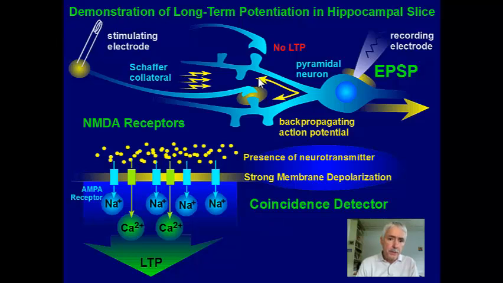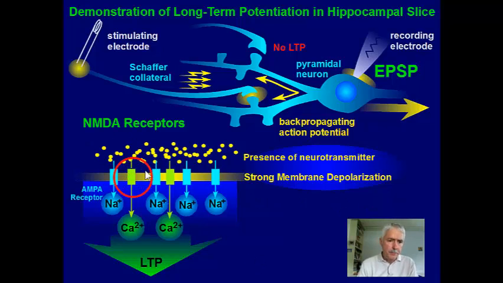It is being exposed to this back-propagating action potential, so it has strong membrane depolarization, but there is no glutamate here in the synapse. Consequently, there will be no activation of that NMDA receptor. So only this synapse will become strengthened, undergo LTP.